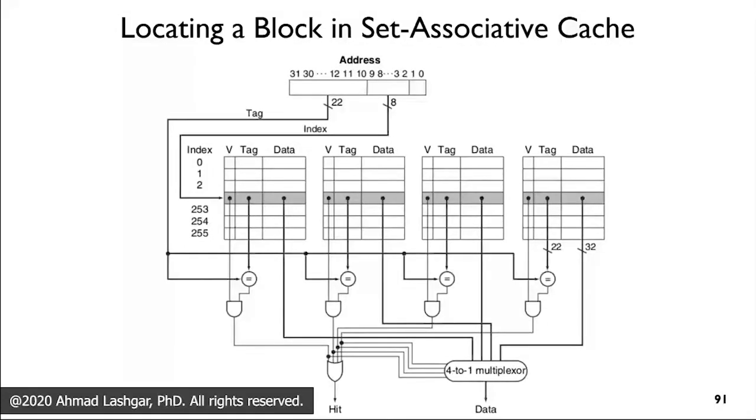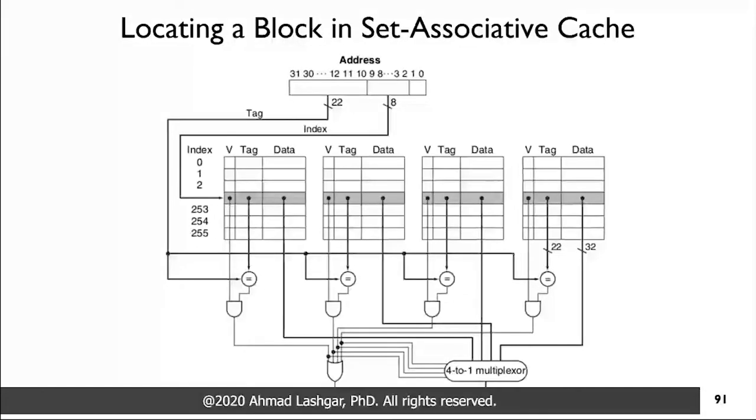If on any of the ways we find a tag match and the v bit, or valid bit, is set, that is a hit. This is what the OR gate at the bottom does. In this case, the cache sends the corresponding line from the way that responded with a hit to the processor.